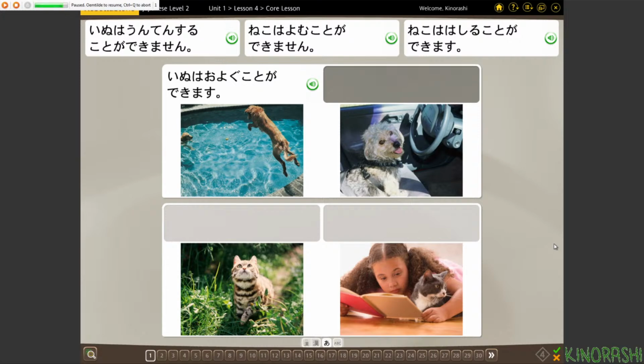I see the cat's not reading that book over there. So neko wa yomu koto ga dekimasen. Neko wa shiroi koto ga dekimasu.